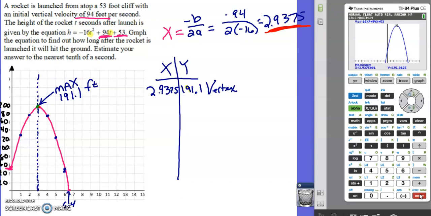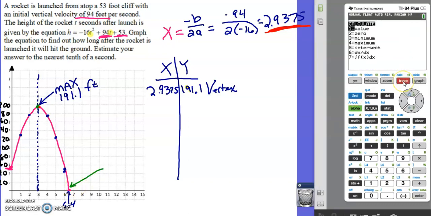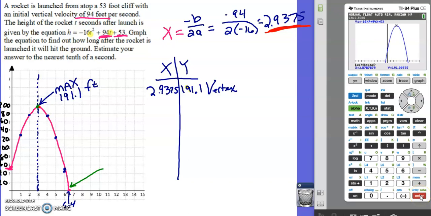Now, to find the other thing, I want to find out where it hits the ground. If you go back to second trace, what we want to find is the 0. Remember, it's called zeros or roots. So we hit 0, and we want to find where it hits. There's about where it hits, so we go left bound.